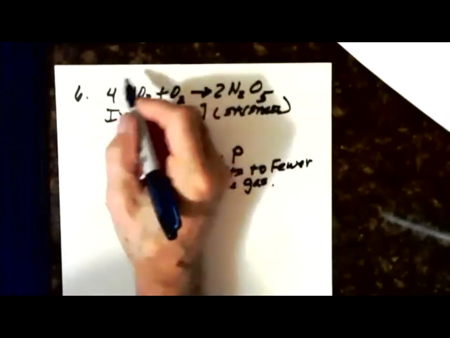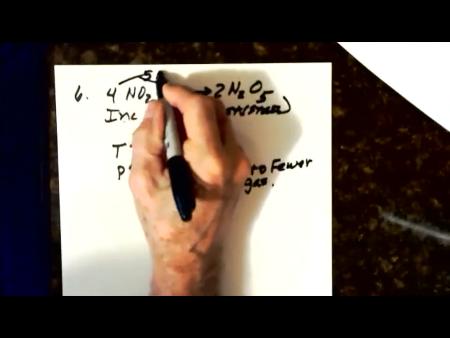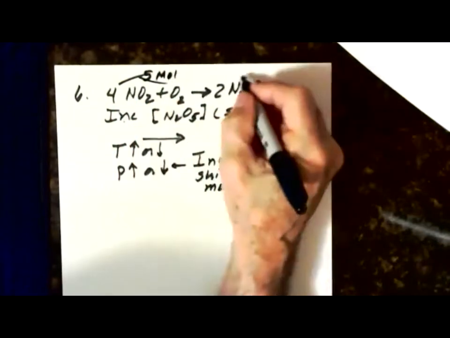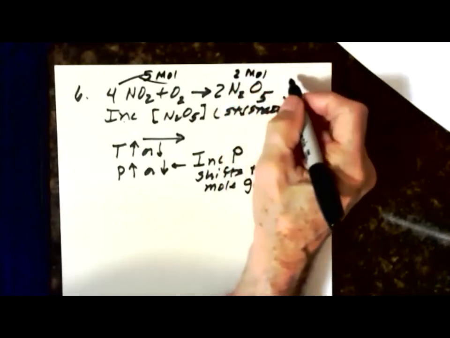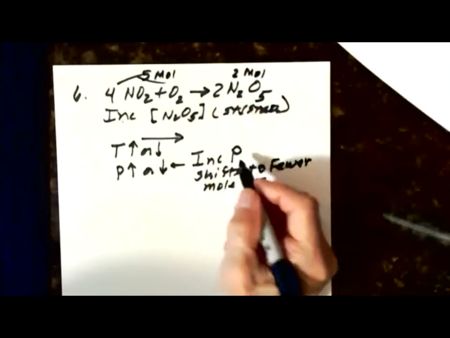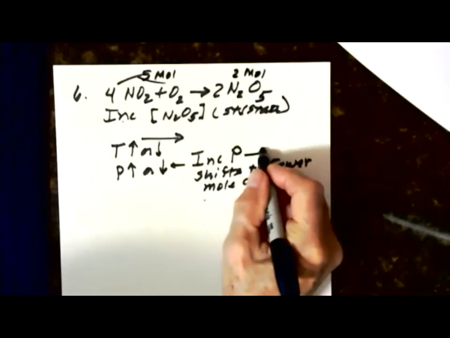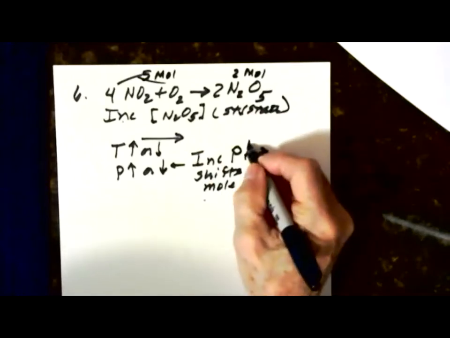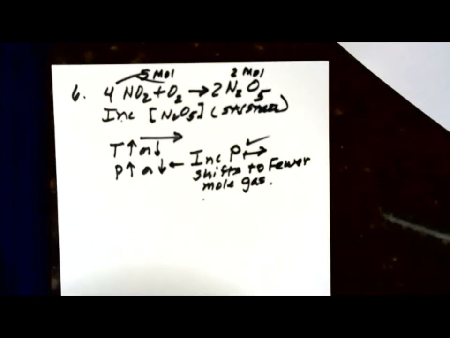Now, in my reaction, on the reactant side, I've got 5 moles of gas. And on my product side, I've got 2 moles of gas. So increasing pressure is going to cause a right shift. So that's what I want. And I could look over there and I could eliminate A and D right now because they had decreasing pressure.